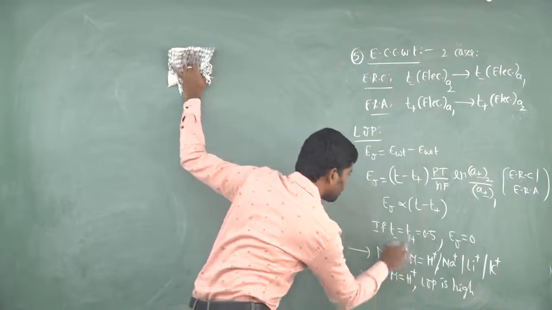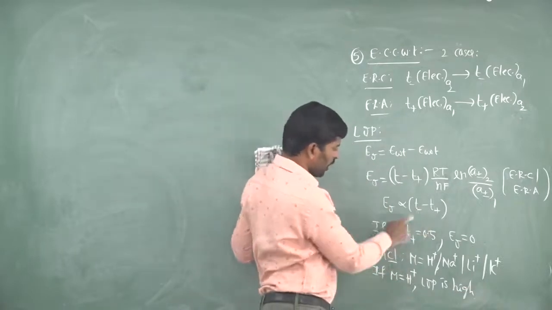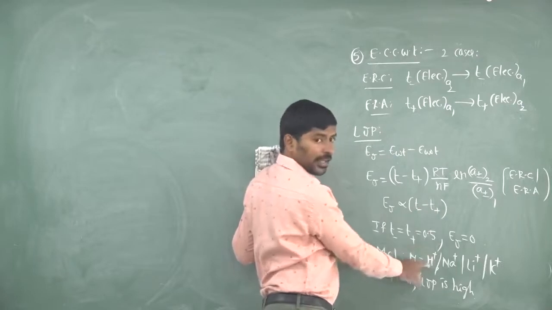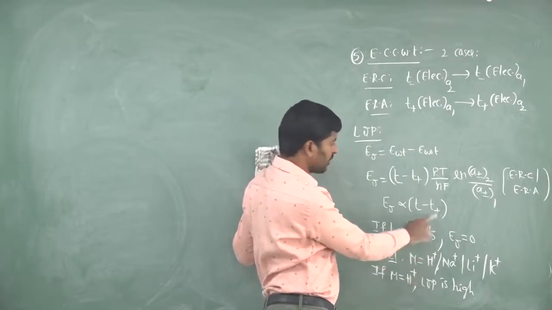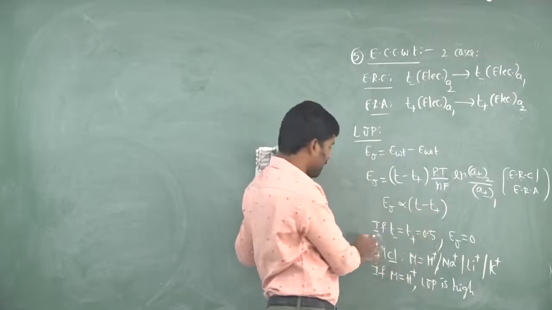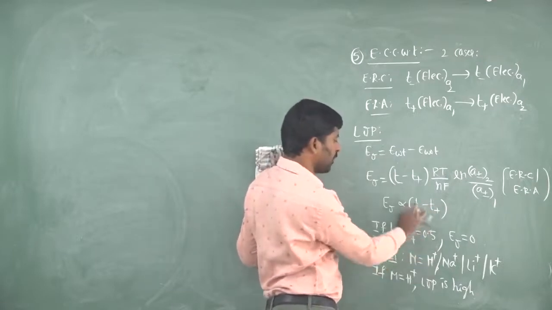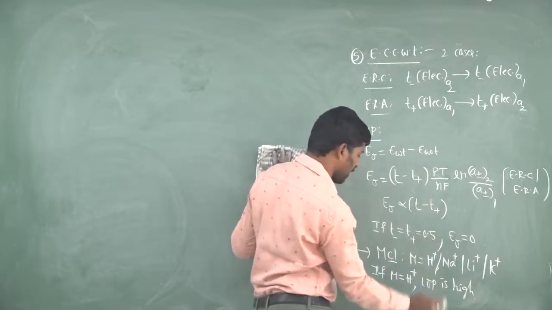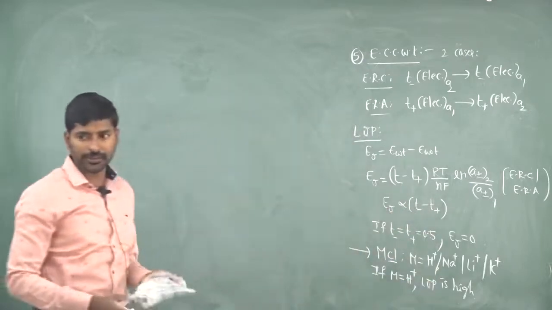In each case the transport number of chloride ion, T minus, is the same, but the T plus value is high for H plus, so we get the maximum difference. Therefore liquid junction potential is high if M is equal to H plus.